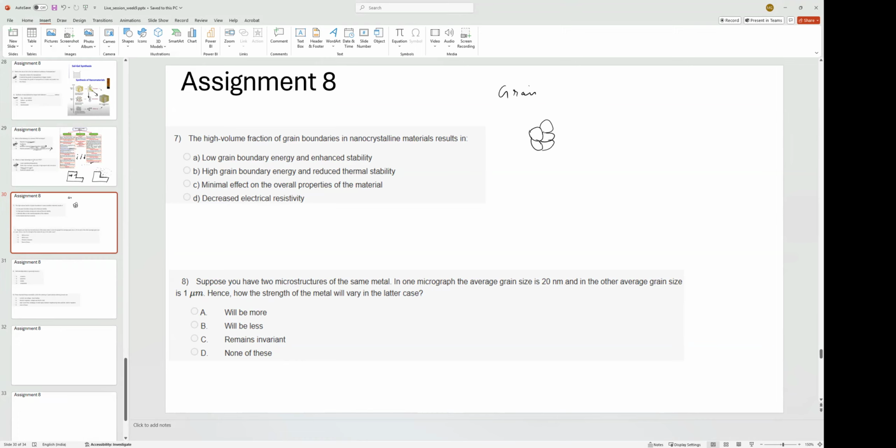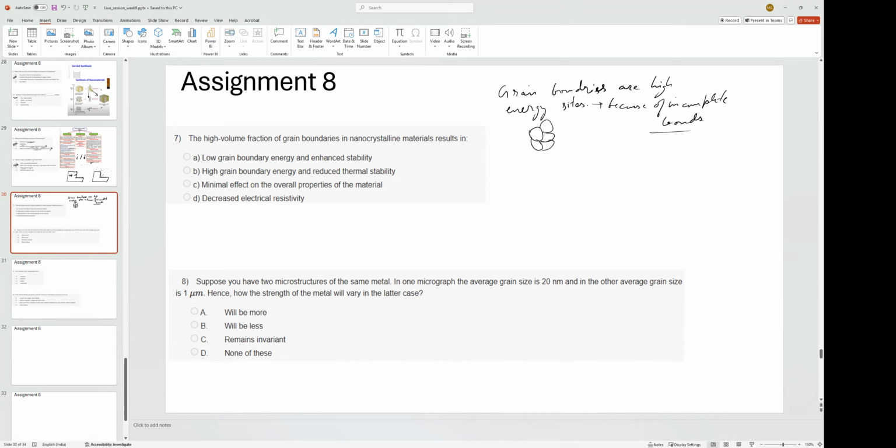Grain boundaries are high energy sites because of incomplete bonds.